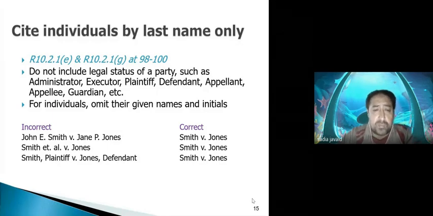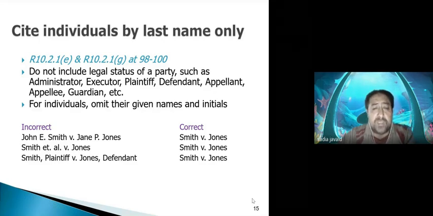Maybe the judge will give you some preference or benefit. Due to this reason, the Bluebook totally focuses on refined judgment, where only the matter, case, signal, and parties will be discussed. For individuals, omit their names and initials.